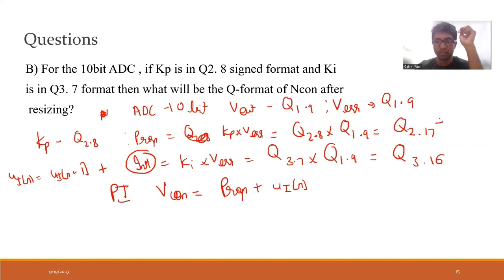So they have to be converted. This has to be made Q3.17, and this also will be made Q3.17. So my VCon will be of the form Q3.17.